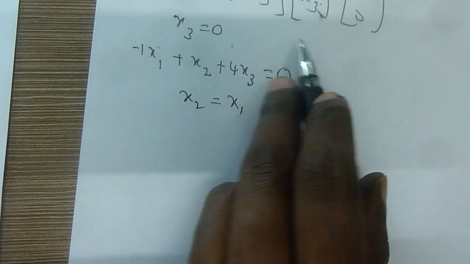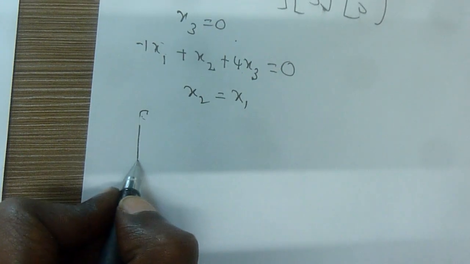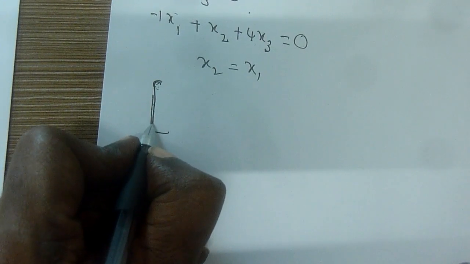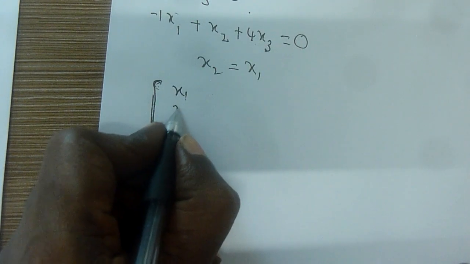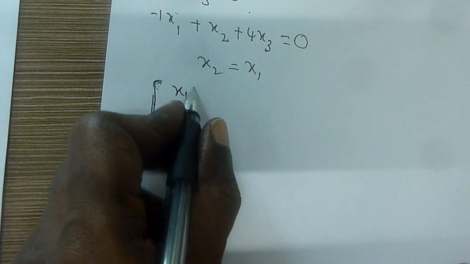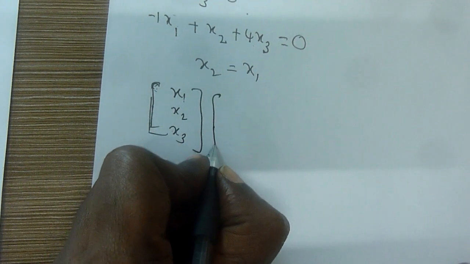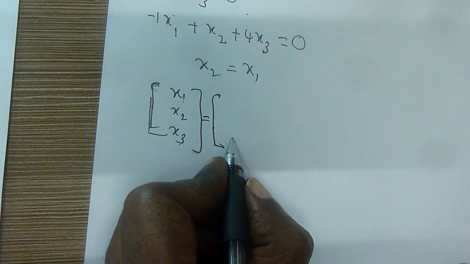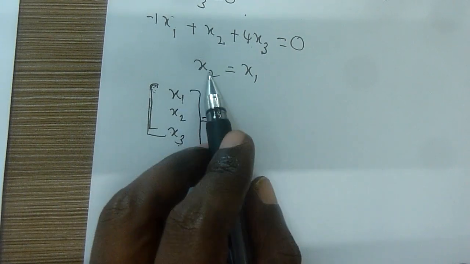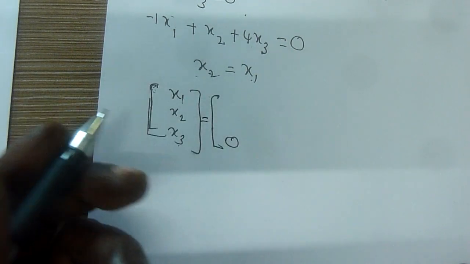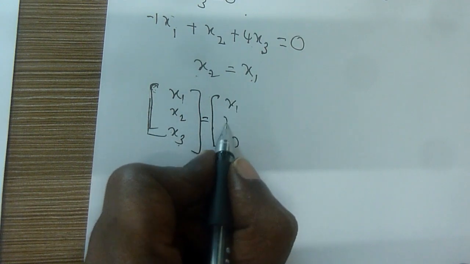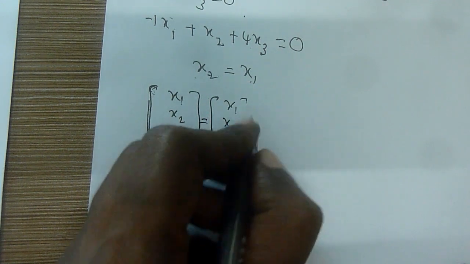Therefore, can I make the equation back again? You see the equation, I create back x1, x2, x3. We know x3 is 0, and you can choose x1, either one of these.